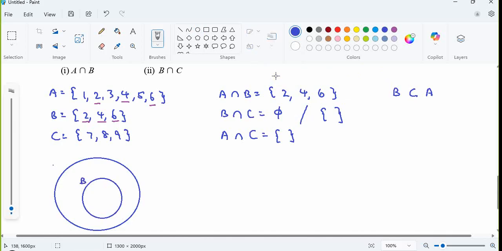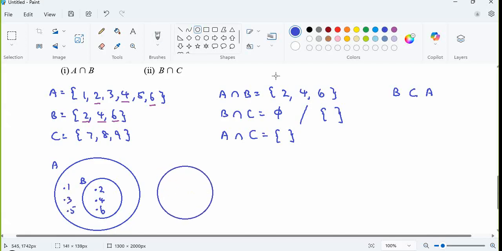This is B, this is A, and then we have 2, 4, 6. For elements, we have to put a dot in front of each. Otherwise, it is the number of elements inside. So 1, 3, 5.